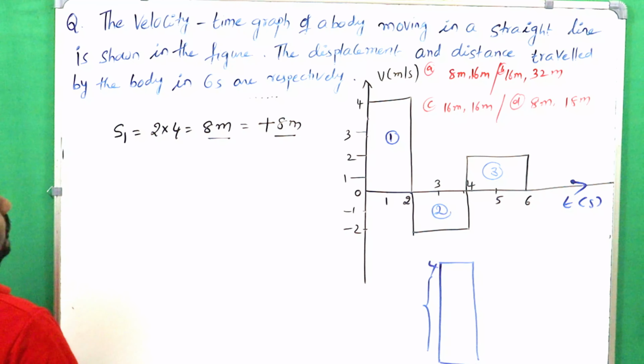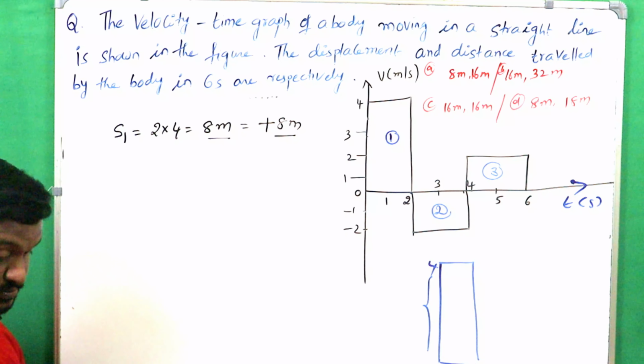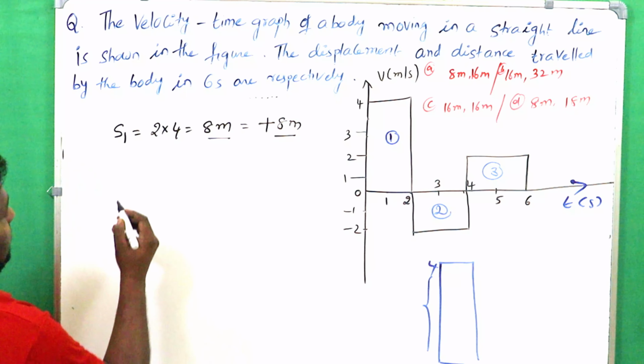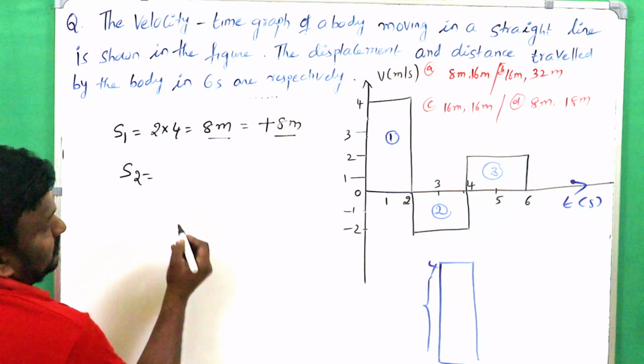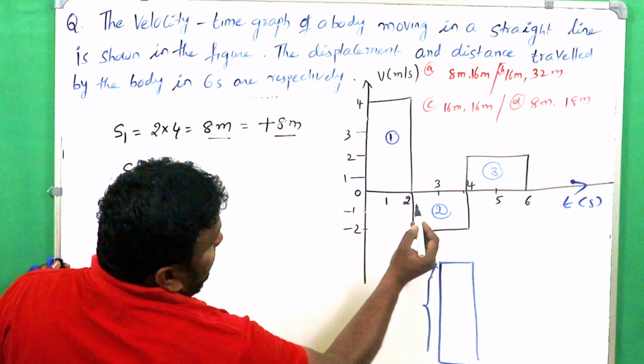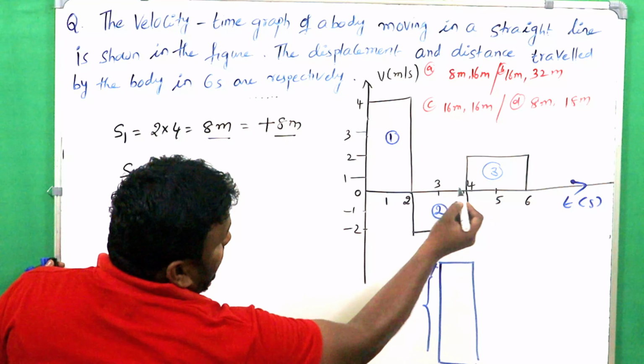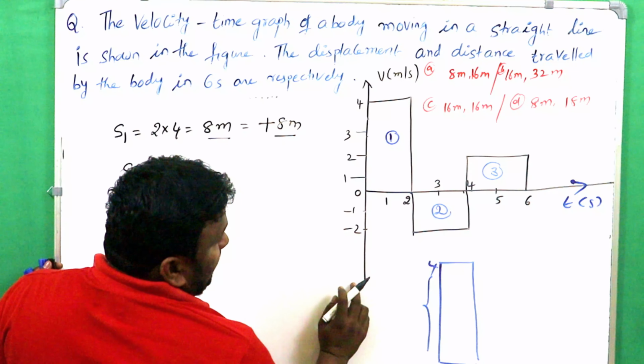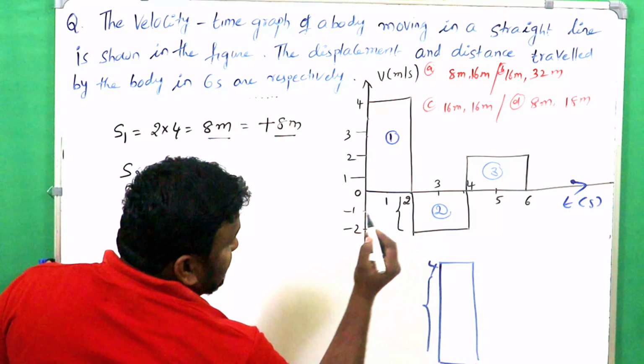Now for the second one, S2, again length into breadth. Here it is 4 minus 2, which is 2, and the other is minus 2.